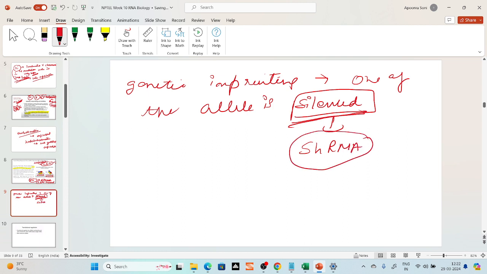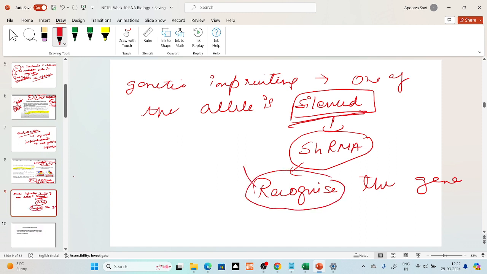Okay. Now, how does it do that? This shRNA has to come and recognize the gene which it has to silence. Now, this recognition can be done either with a DNA recognition model or with an RNA recognition model.